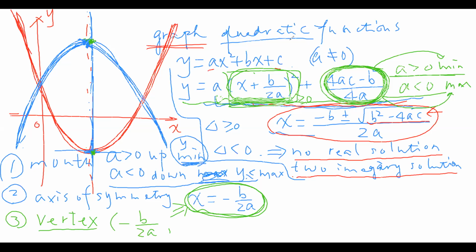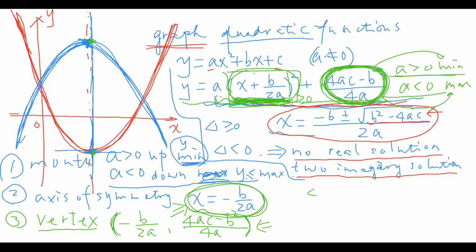Y would be right here, the y part: 4ac minus b squared, over 4a. This is a little bit complex, but just keep this in mind. We have some formulas here, and we can easily deduce them by transformation.